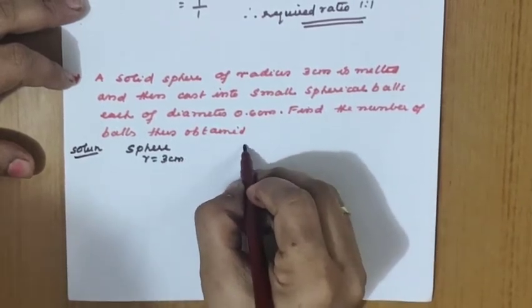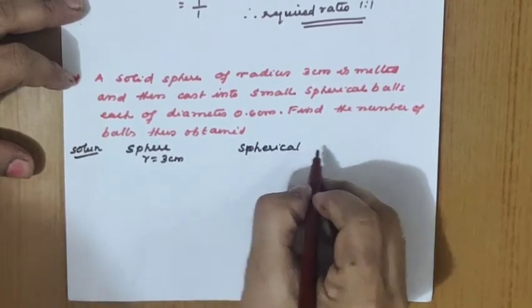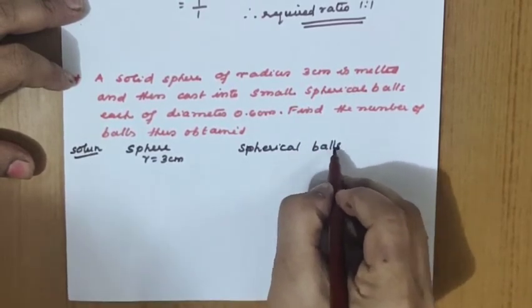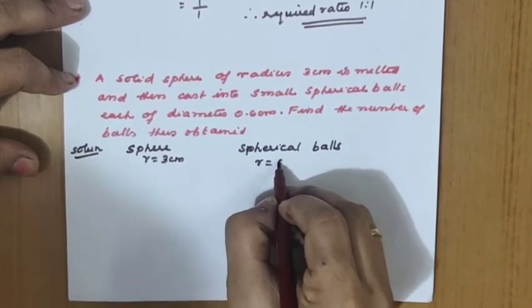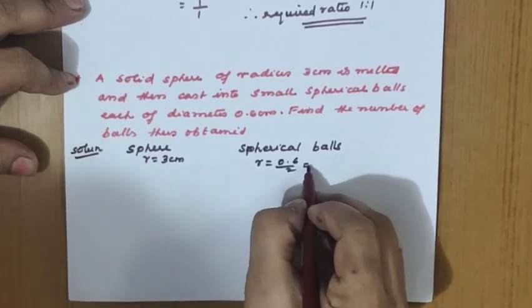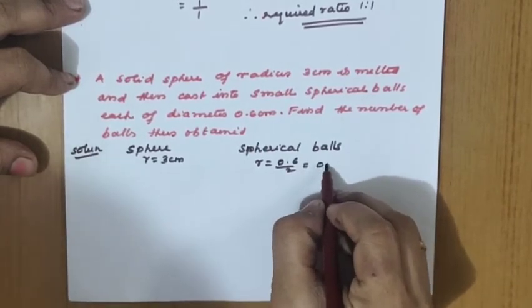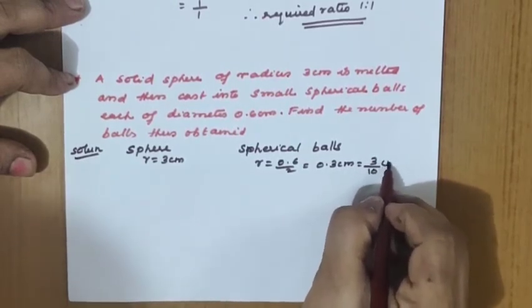Now spherical balls. Spherical balls diameter is given. So below that we can write radius equal to 0.6 by 2, it is equal to 0.3. That means we can write 3 by 10. Right?